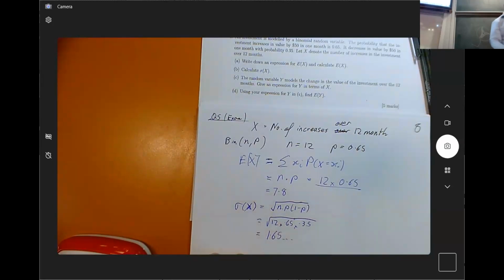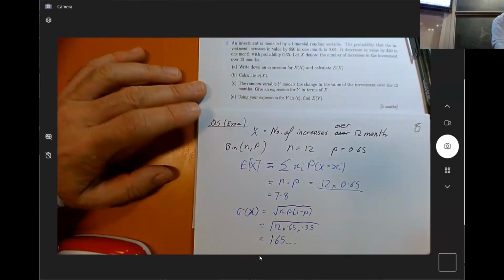We notice the actual value is not 1.65, it's 1.65 and other digits. I've only written down 3 significant figures for this number, just to be clear.